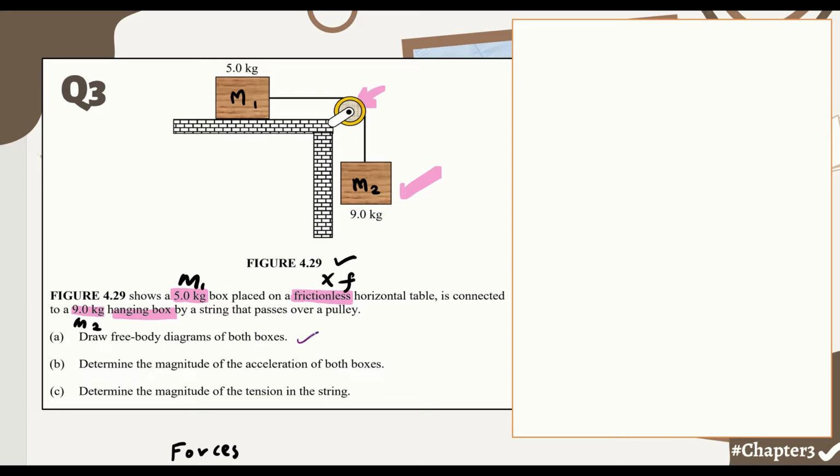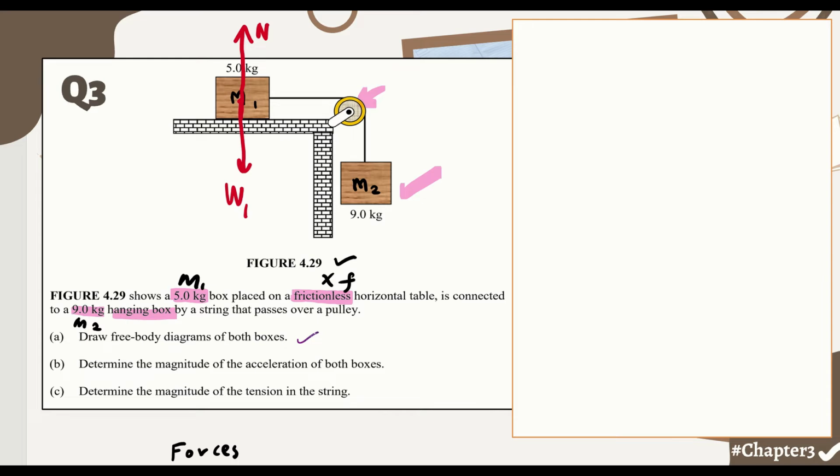So before we draw the free body diagram, we need to start from labeling the forces acting on each body. So for M1, we have weight. We label it as weight 1, W1. Normal, because it is in contact with the surface.